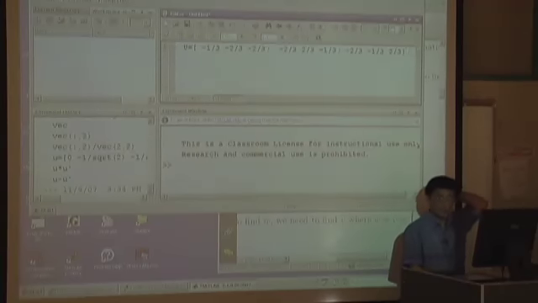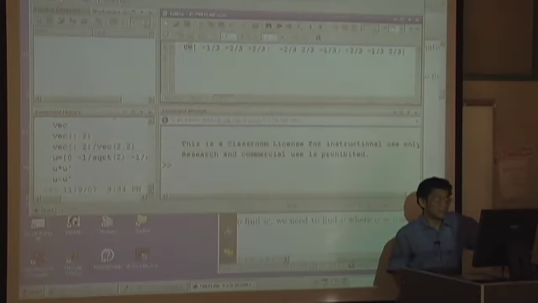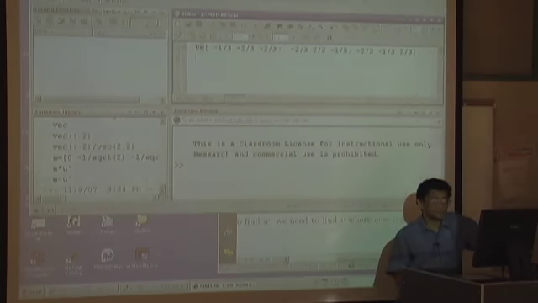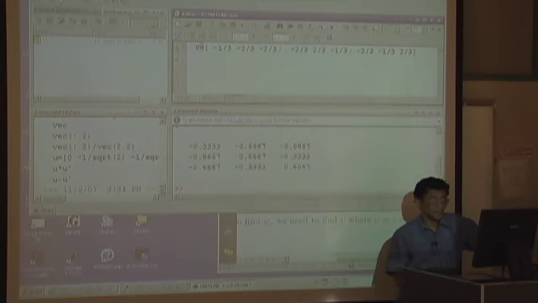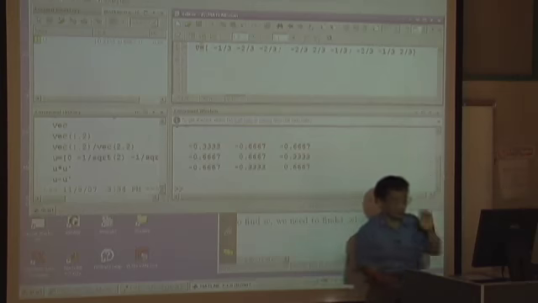So I will display, and then I save as U matrix, right? And then run it. And as you can see, this is the U matrix. Then I want to check all the properties.